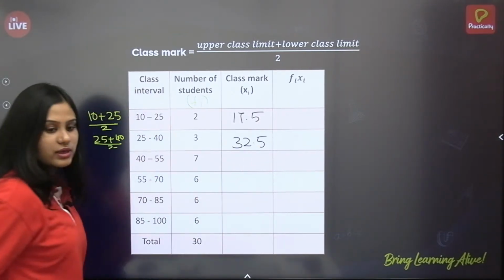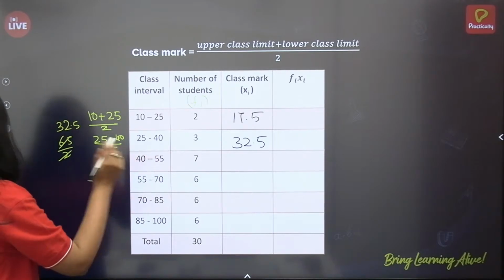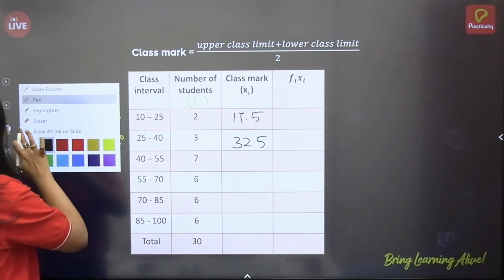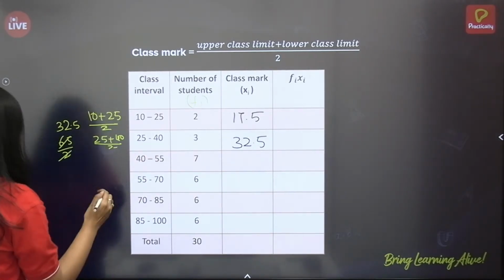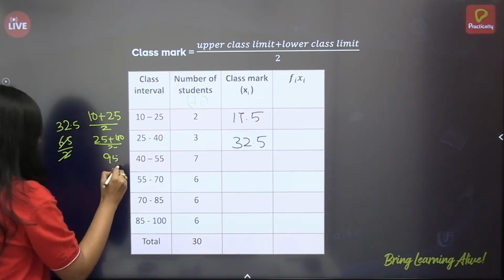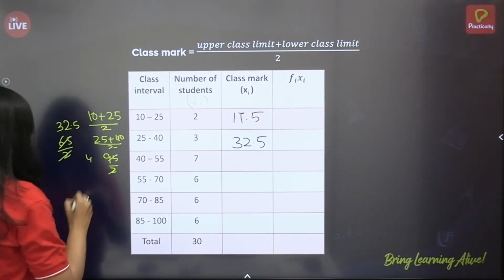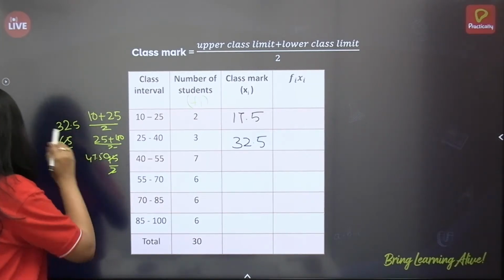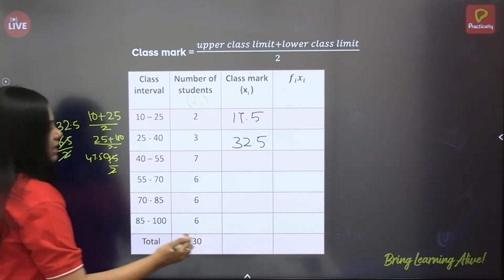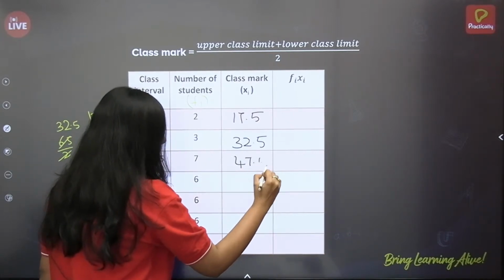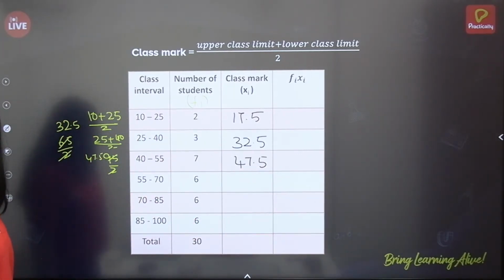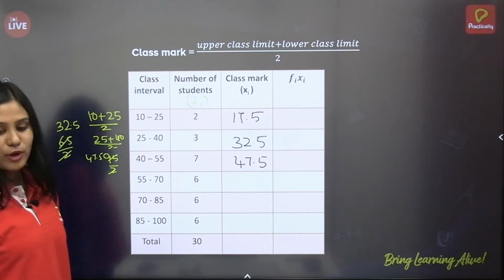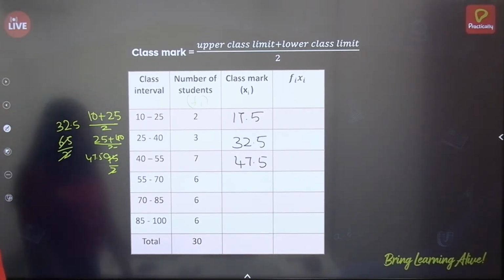Next, 40 plus 55 by 2, 95 by 2. 2 4s are 8, 2 7s are 14, 47.5. So you have to calculate for everything. Very good, Aryan, 32.5. Good. Keep on doing it.